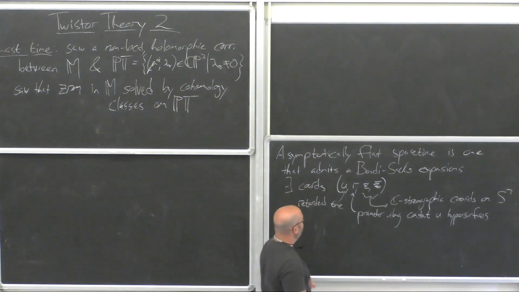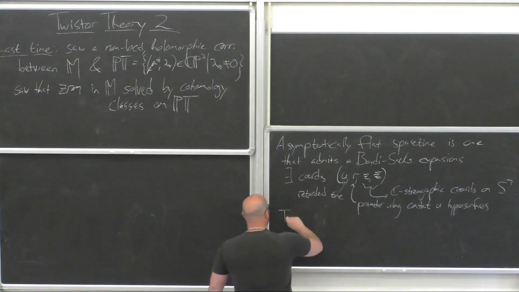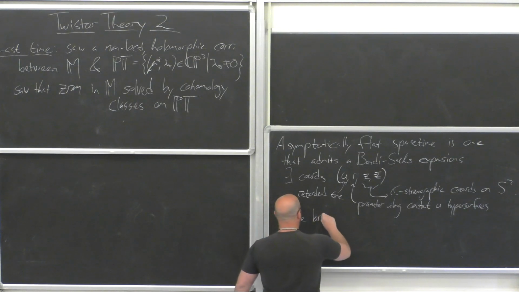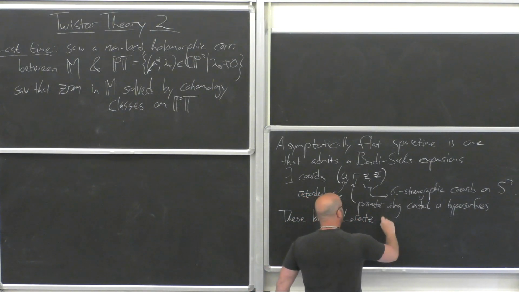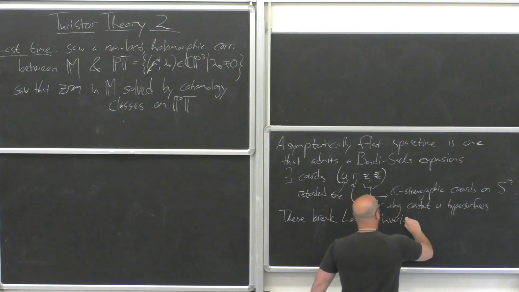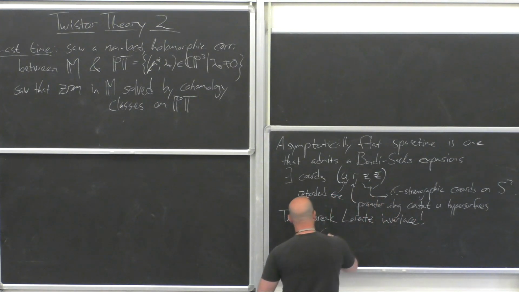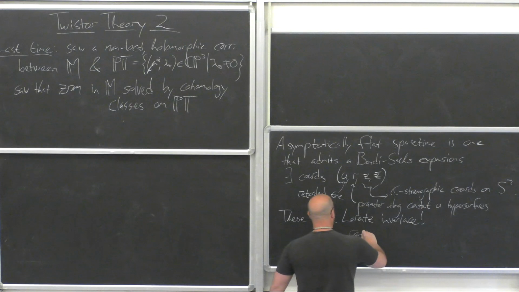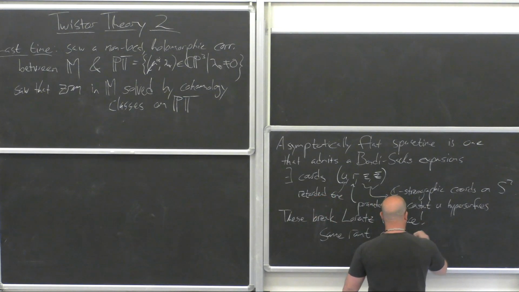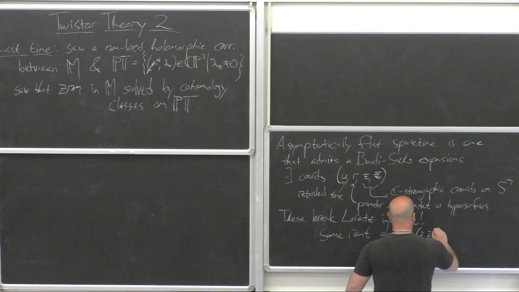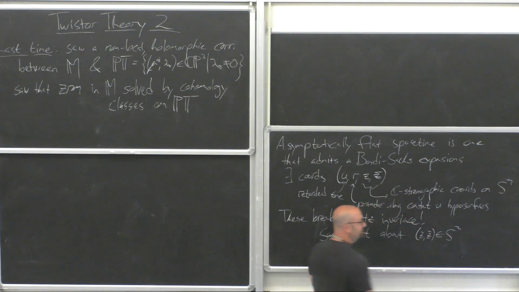But these break Lorentz invariance. Why? The same rant as ever about Z, Z bar on S2, right?